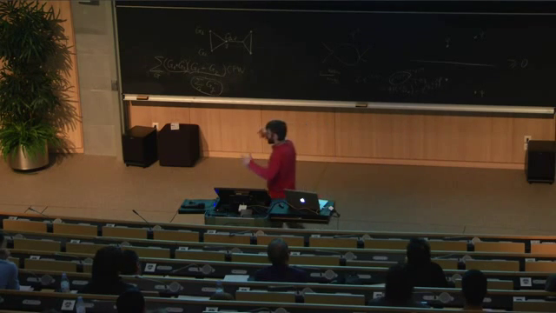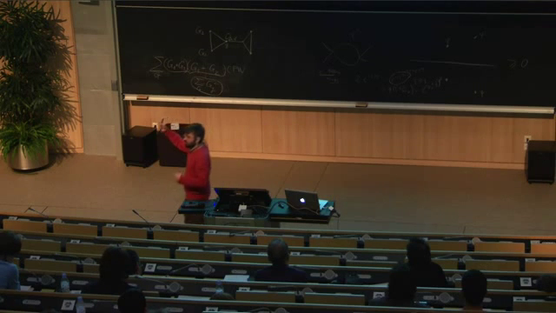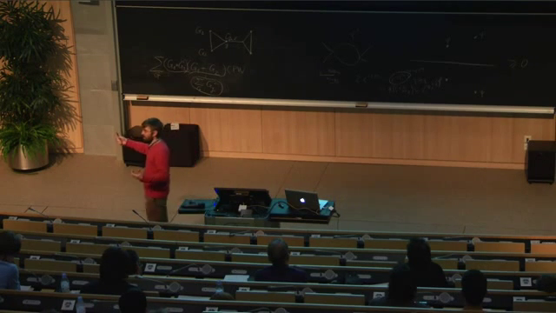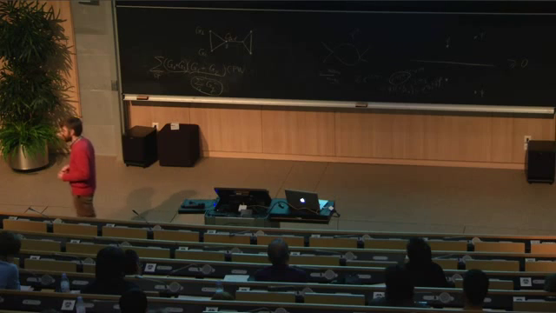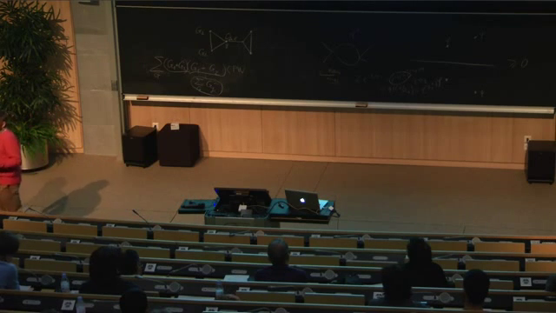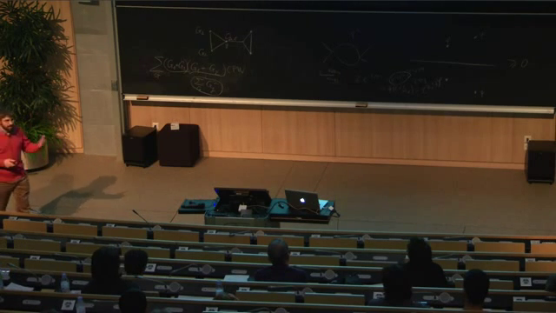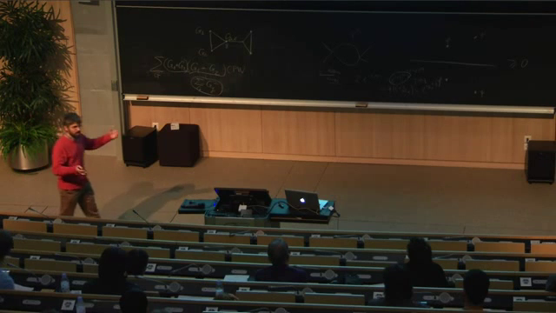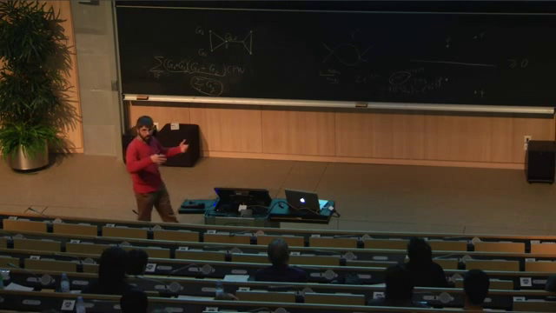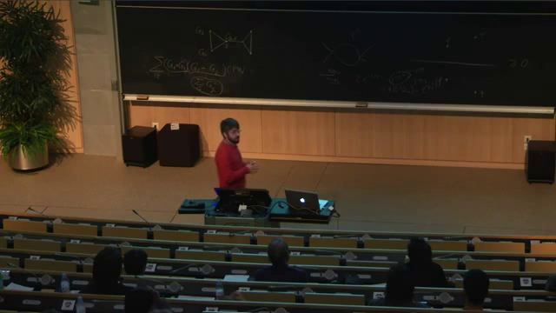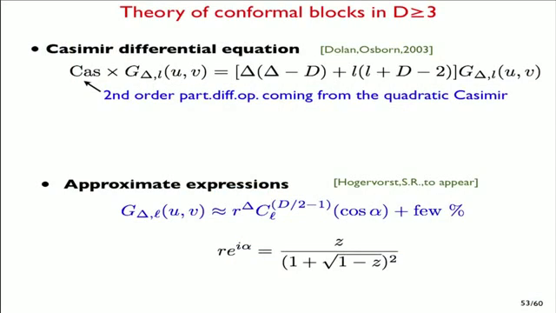So the question is, how is the amplitude for this process going to depend on the angle alpha? And the answer to this problem is, of course, elementary. In 3 dimensions, this is going to be a Legendre polynomial. And in d dimensions, this is going to be a Gegenbauer polynomial.